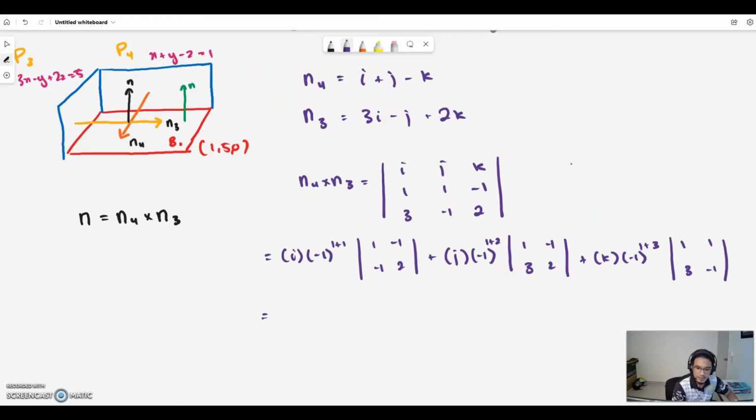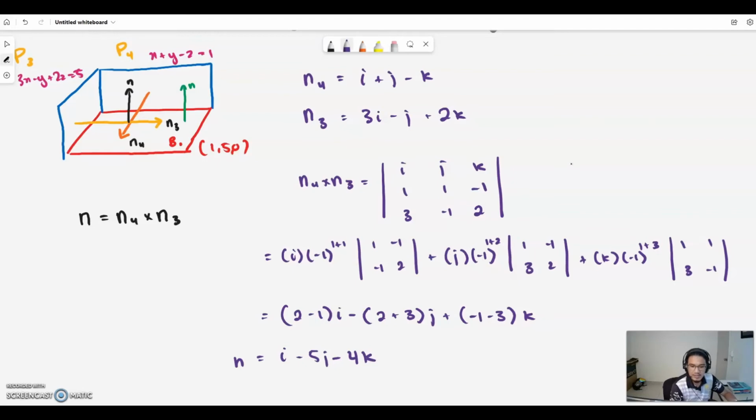Okay, so the result will be 2 minus 1 i, minus 2 plus 3 j, plus negative 1 minus 3 k, and that equals i minus 5j minus 4k. So this is the vector n.